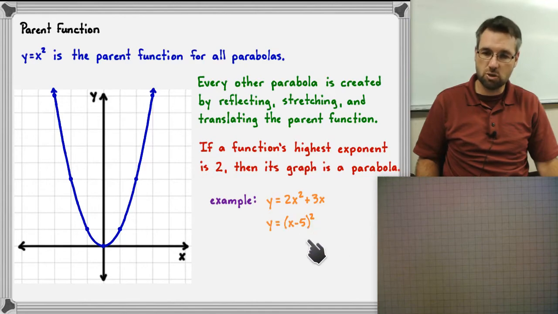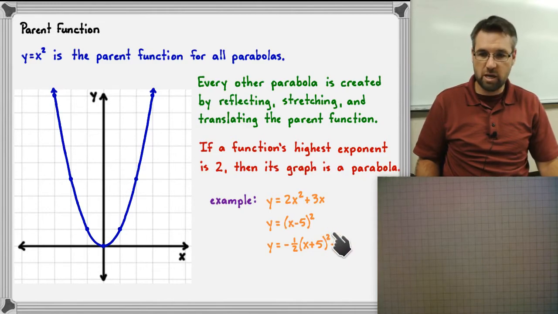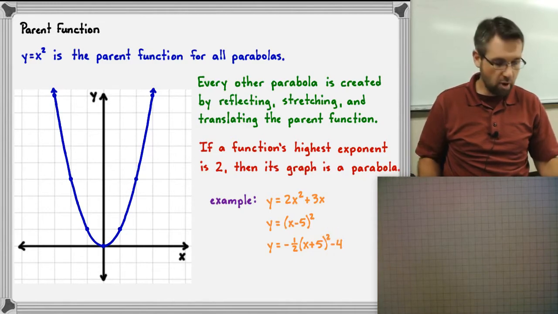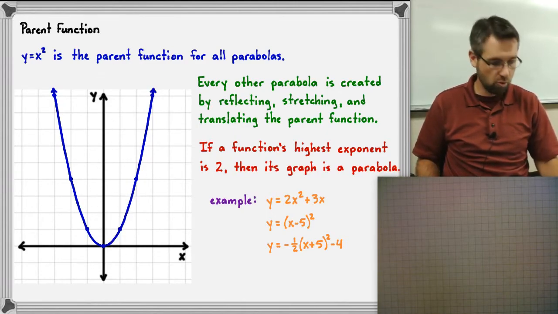So this is also going to be a parabola. And then another example, just real fast, we can see that the highest exponent here is also a 2. So it's a parabola. All of these numbers that are being added to it in one way or another will affect where this vertex is located, which way the parabola opens, and whether it's stretched or shrunk, but it's all based on this parabola.